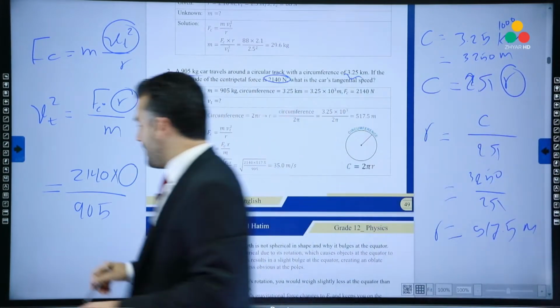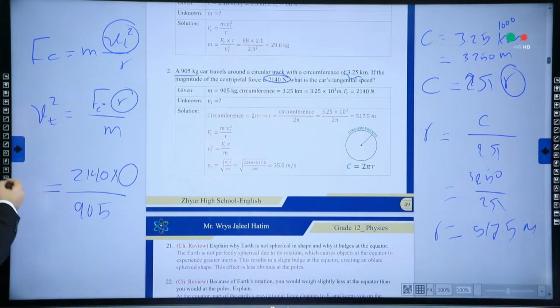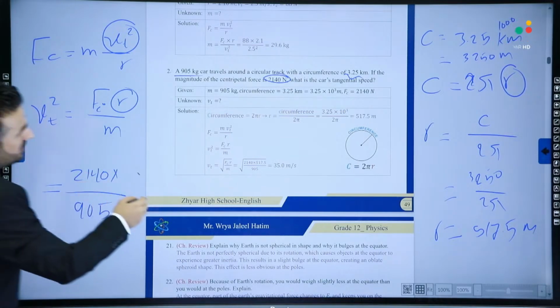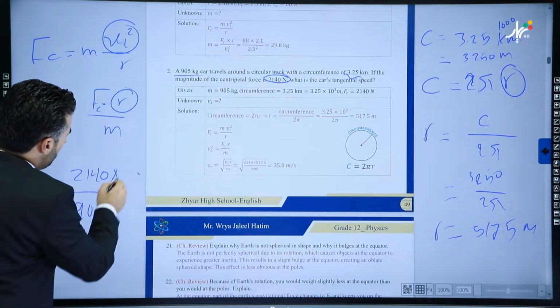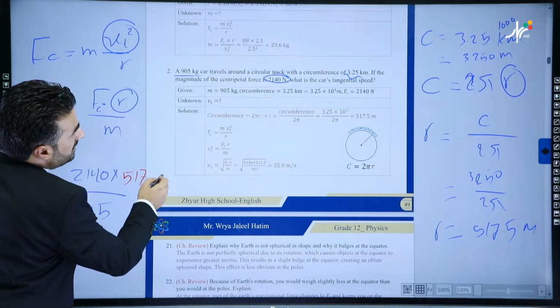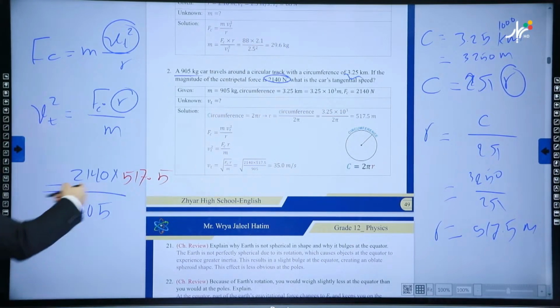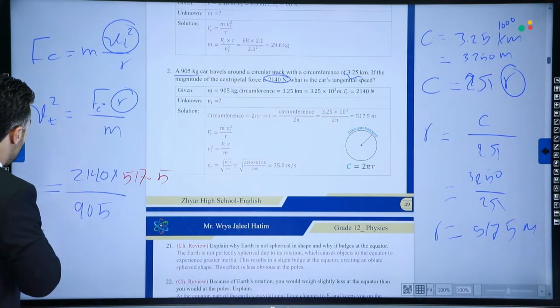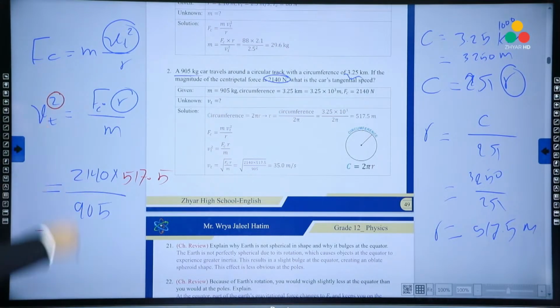Now you can plug the radius into the equation, and then we can find the answer. So the radius is 517.5. Multiply this, divide by 905. But by the way, what we have found is basically the tangential speed squared.